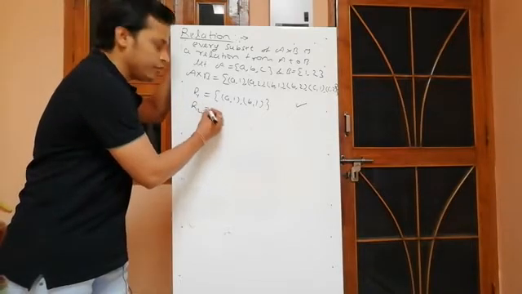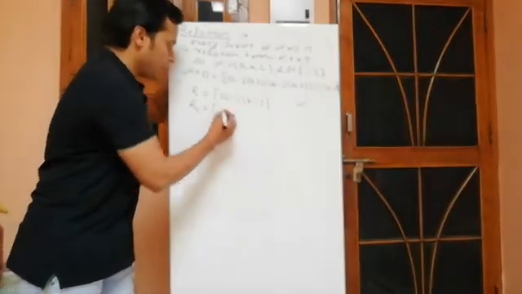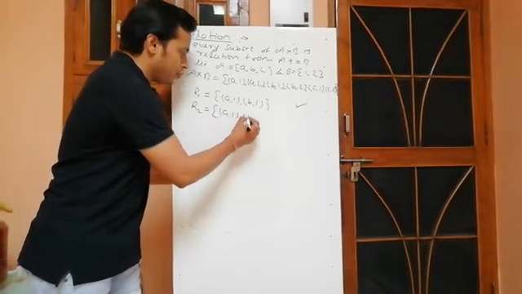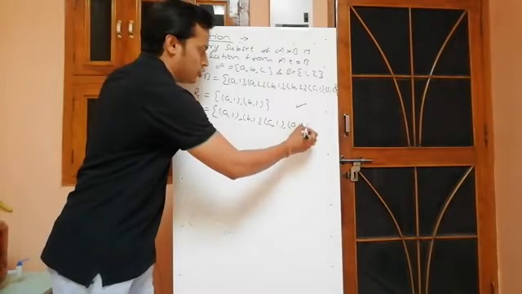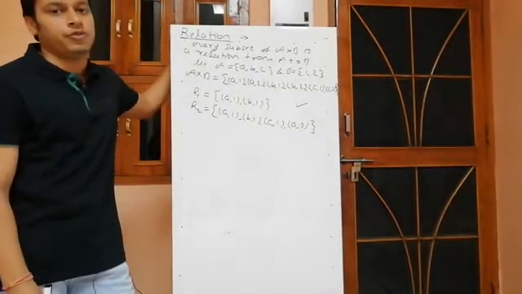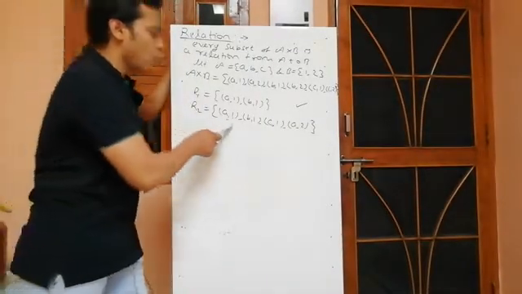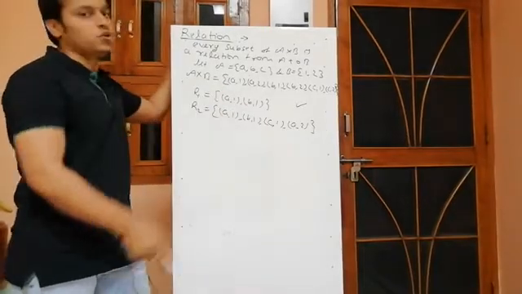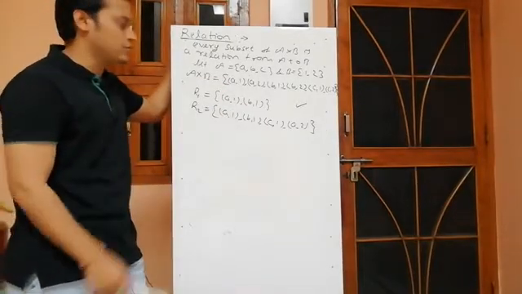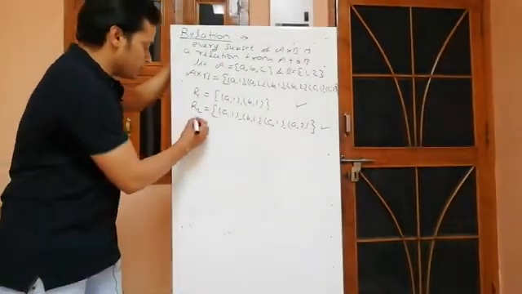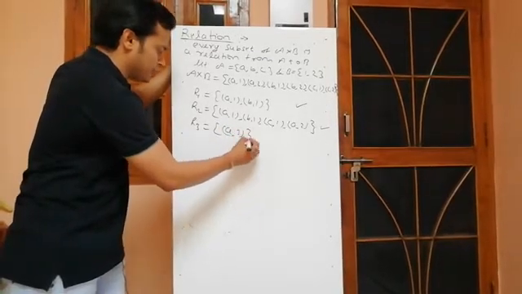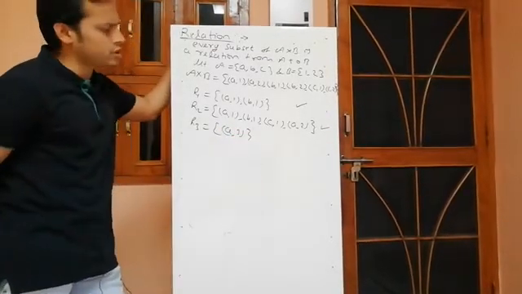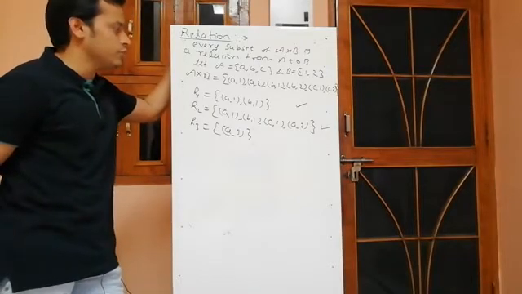Similarly, suppose I take R2 as {(a,1), (b,1), (c,1), (a,2)}. Check whether this is a relation from A to B. Obviously, all these elements belong to A cross B, so this is a subset of A cross B, and it is a relation from A to B. Now suppose R3 includes (a,3). Is R3 a subset of A cross B?